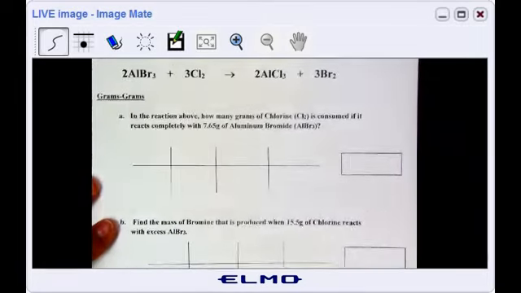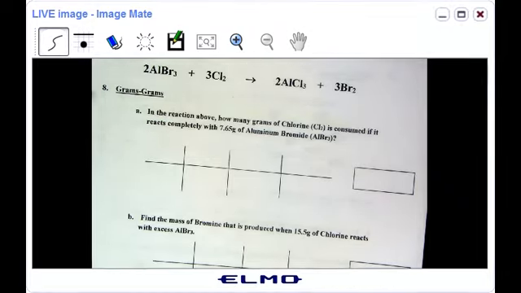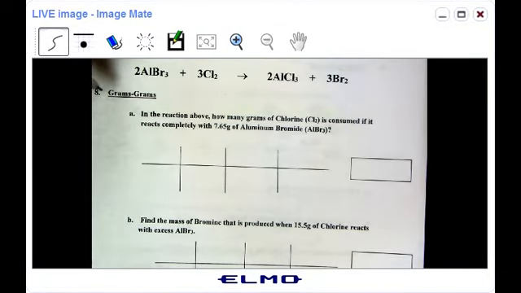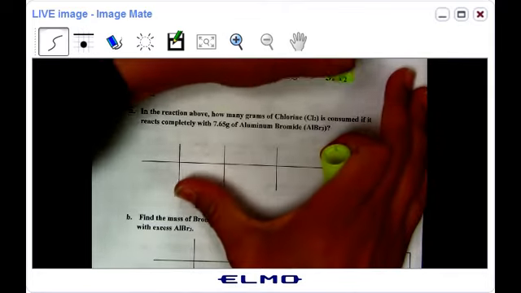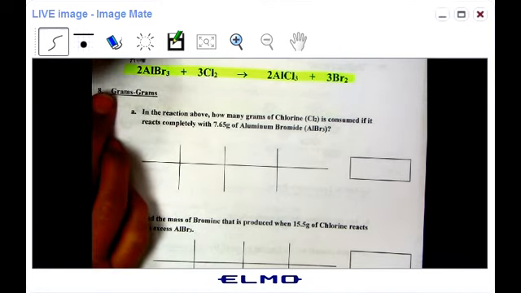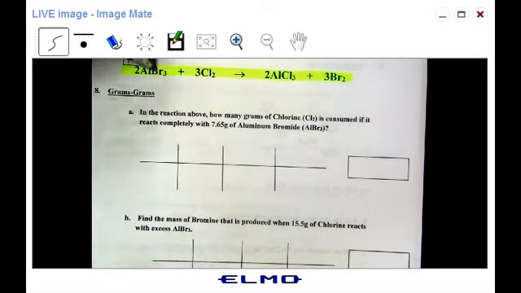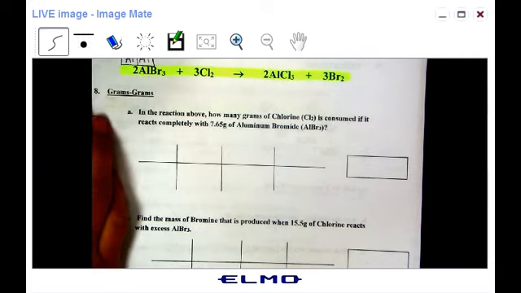Okay, let's start off at the very top. Again, I am starting off at number 8. This says it is a grams to grams. This is the equation at the top. So you will refer back to this equation for 8A and B. Let's check if it's balanced. I have 2 Als. I have 3 Brs.